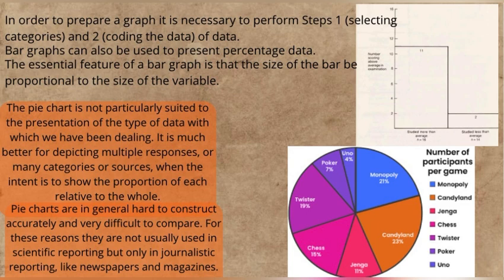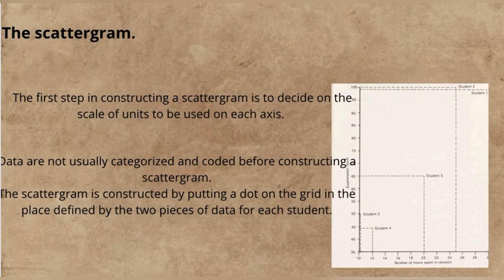Pie charts are in general hard to construct accurately and very difficult to compare. For this reason, they are not usually used in scientific reporting, but only in journalistic reporting like newspapers and magazines.